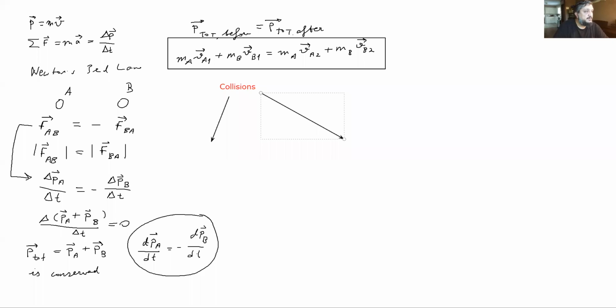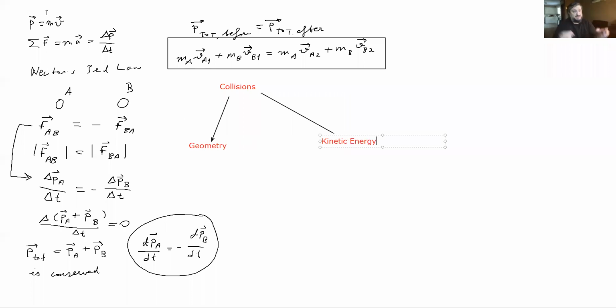And number one, based on, let's say, geometry of the collision, and then what happens to the kinetic energy. All right, so what do I mean by geometry here?